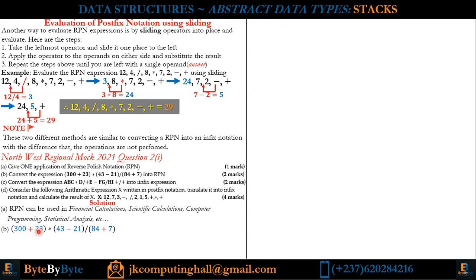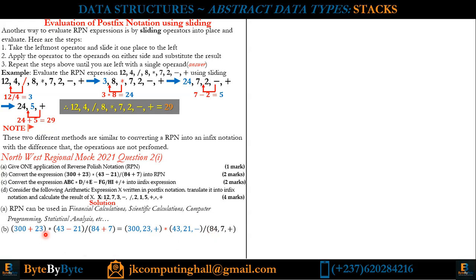And now, guys, when you are given this type of question and you have numbers of more than 1 digit, I will advise you to use a comma to separate them so that you are not confused. So, what am I going to have? 300, 23 plus for this one, that is the operand first, then the operator. For this one, 43, 21, operator, which is subtraction. Then here, 84, 7 plus, as you can see.